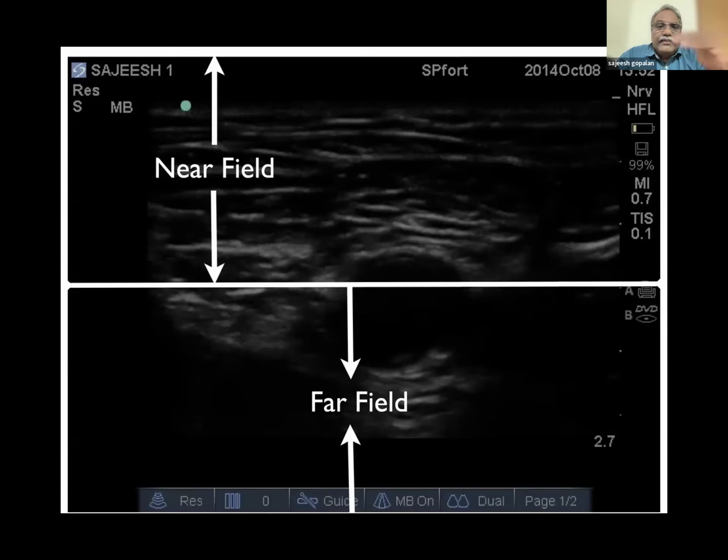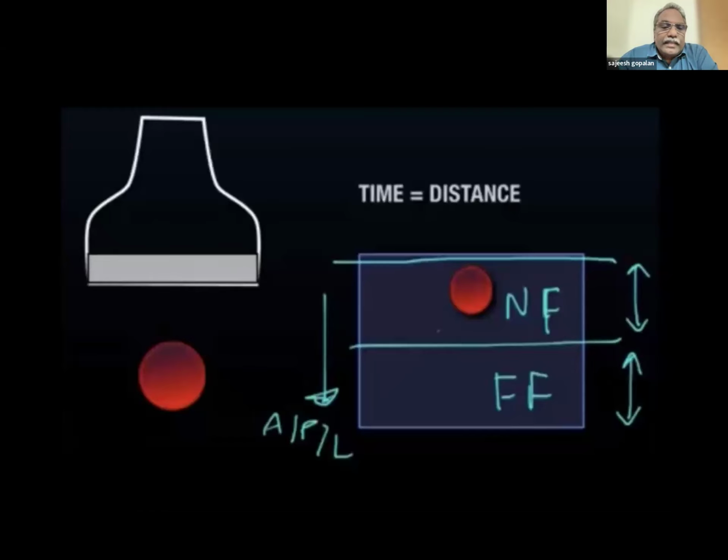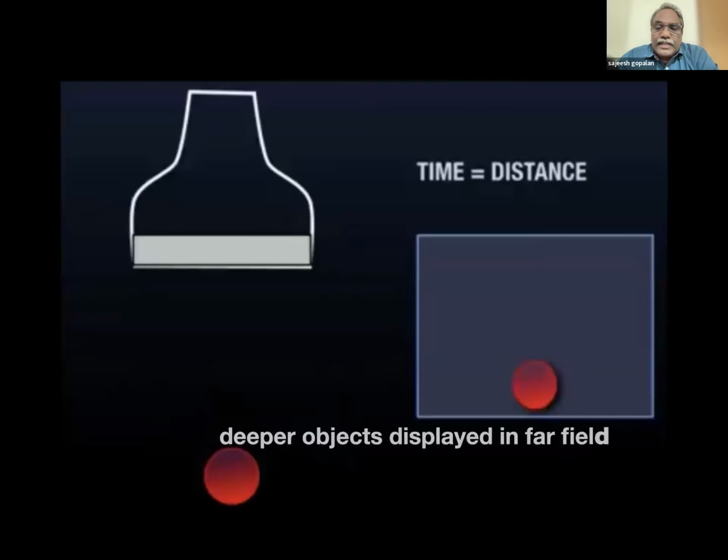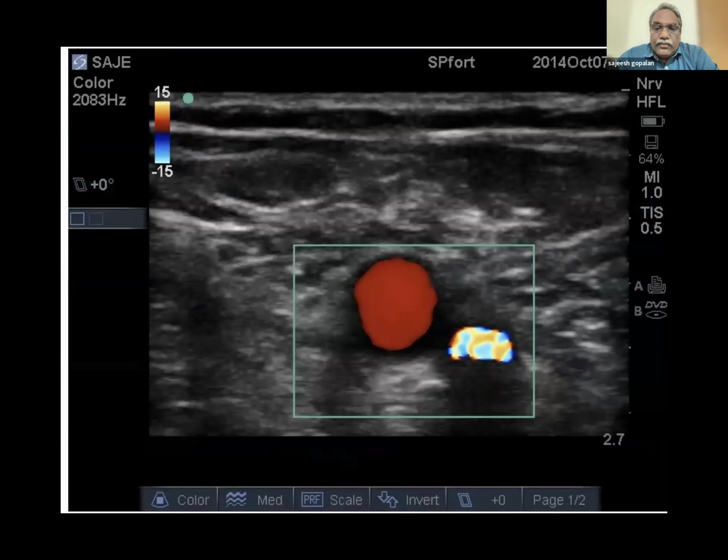So the half which is above is called the near field, and the bottom portion is the far field. So we can say that the object is in the near field or in the far field. This is a deeper object, so it will be displayed on the bottom portion.